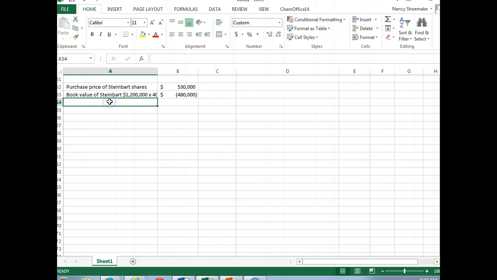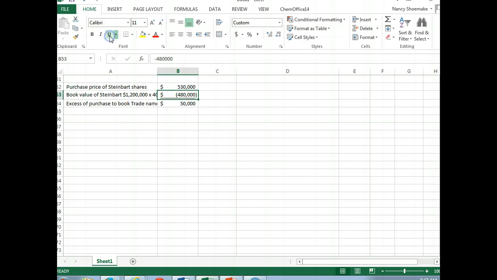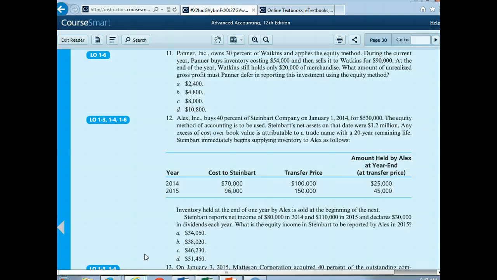The excess of purchase to book is going to be a trade name. 50,000, perfect. Now that 50,000, it told us it had a remaining useful life of 20 years.